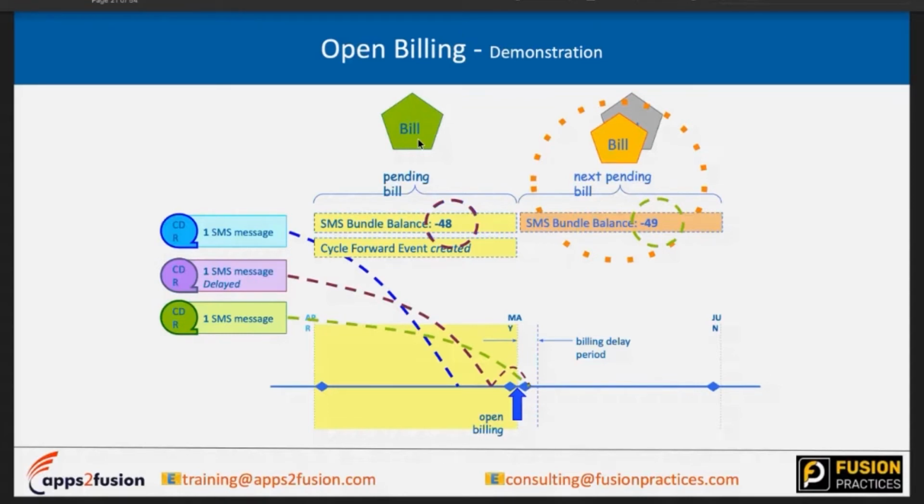And supposedly there was an SMS usage that came through on the 10th morning at 8 AM, but that SMS usage was done on the 9th night at 11:59. Okay, so you understood the scenario.